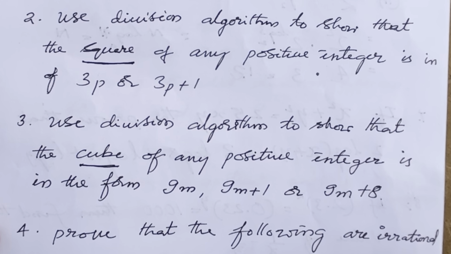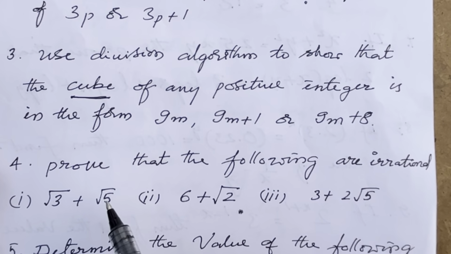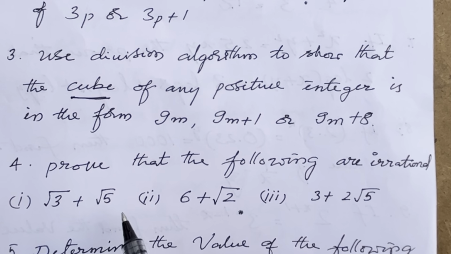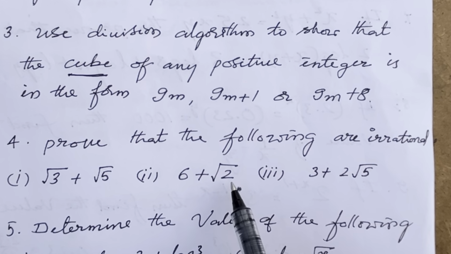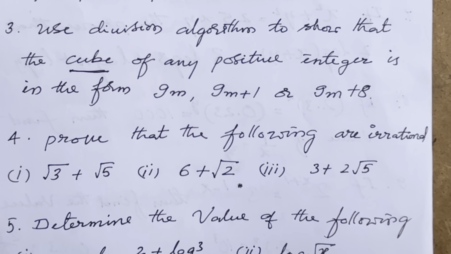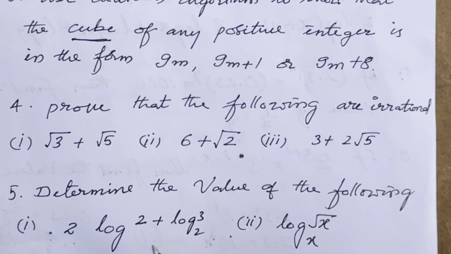Prove that the following are irrational. These are the important ones. Root 3 plus root 5, first bit. Second one, 6 plus root 3. Third bit, 3 plus 2 root 5. And in the meantime, you are having to determine the values in the following sums.